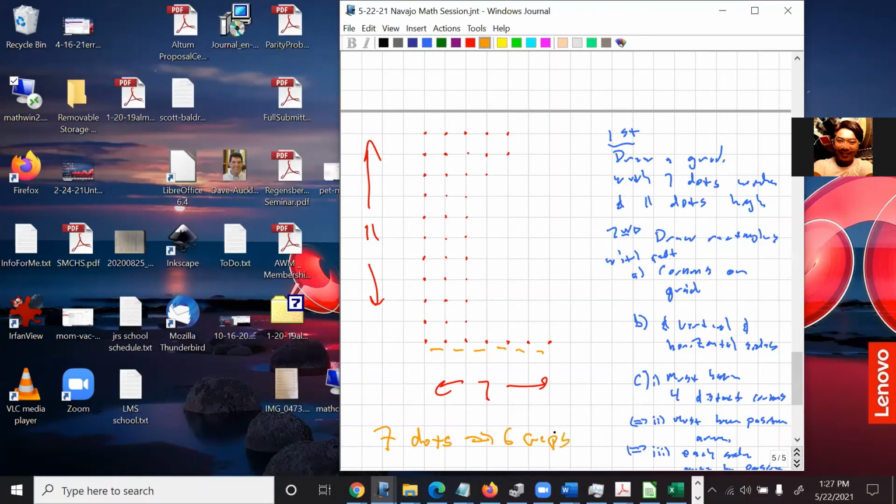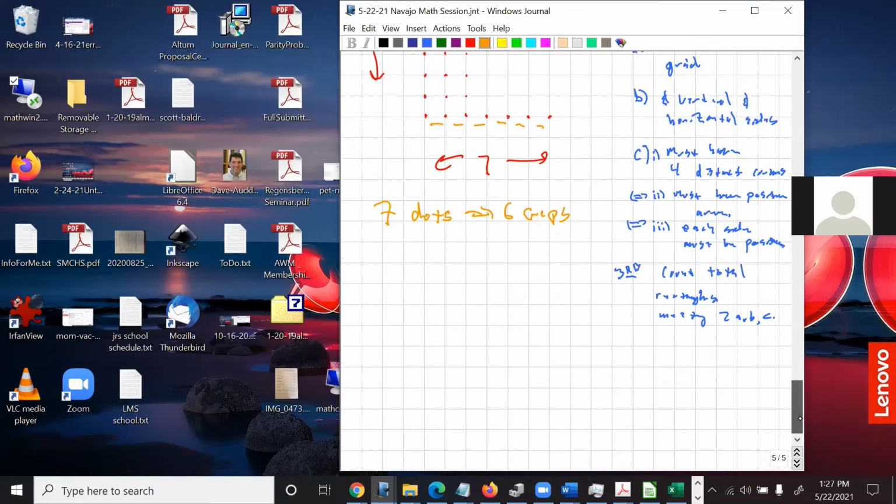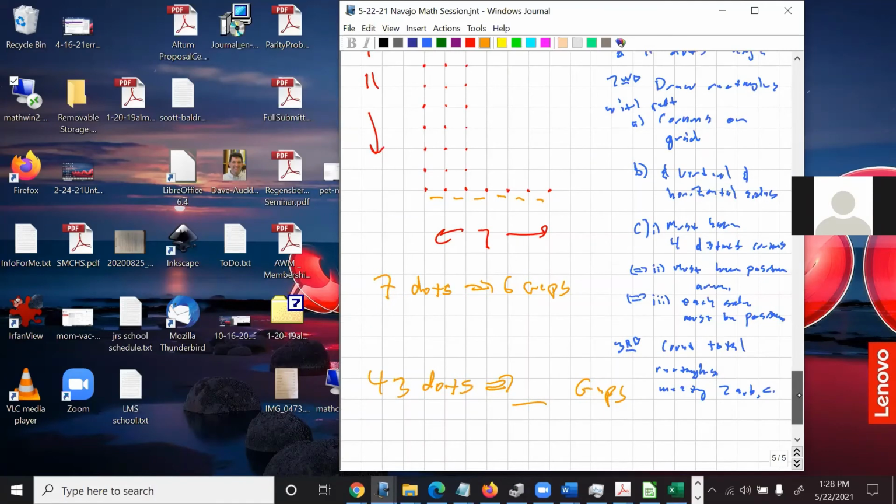Do you see what the rule is? If we have 11 dots, how many gaps do we have? 10. And if I tell you we have 43 dots, how many gaps? 42.